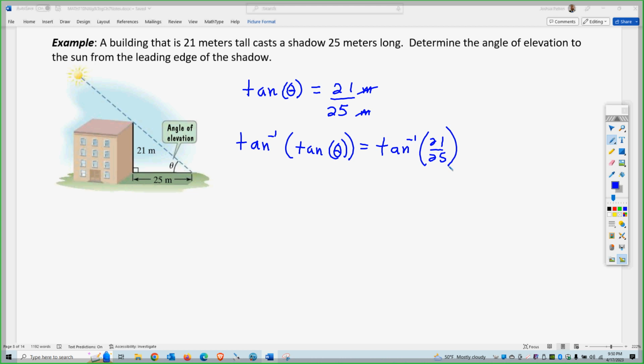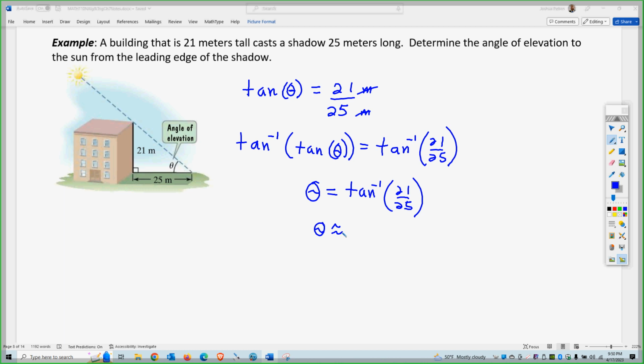So the little -1, just like in other inverses in the past, just means inverse. So theta, the angle, equals the inverse tangent of 21 over 25.